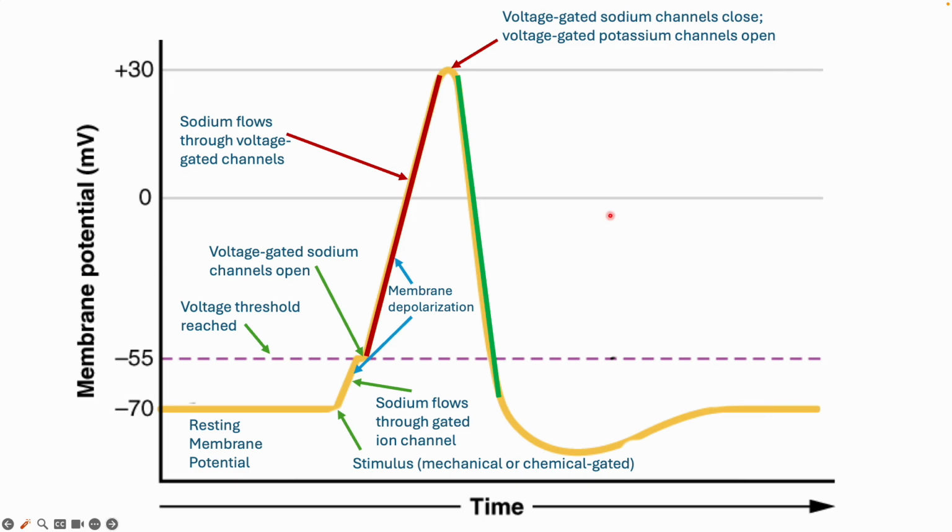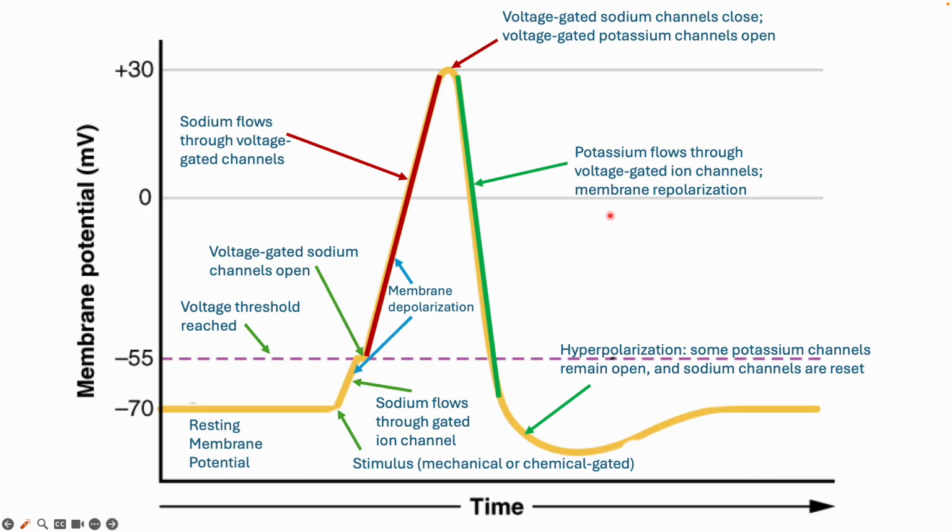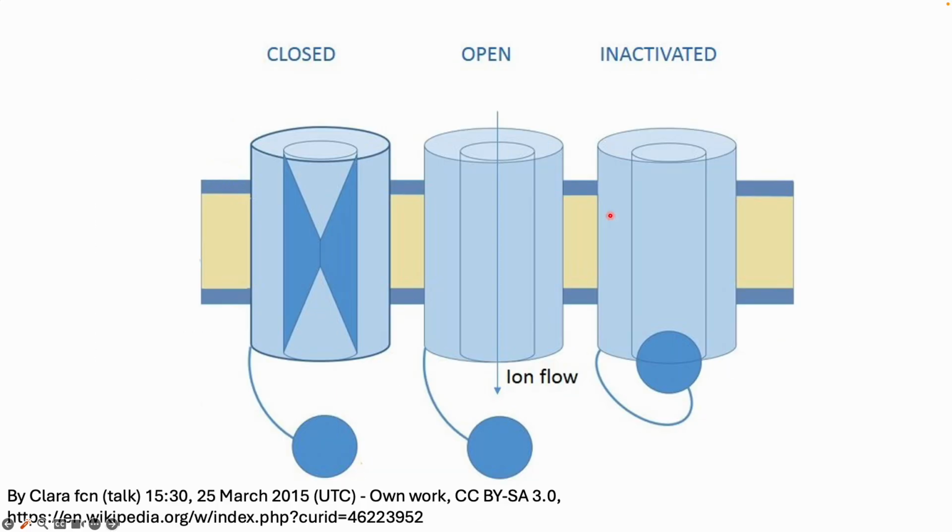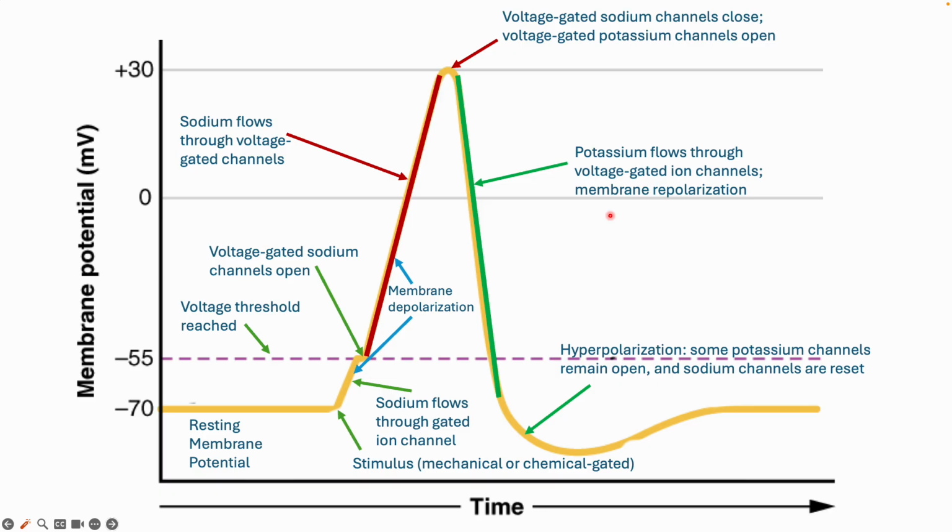This is going to overshoot our negative 70 millivolts, and so you have what is known as hyperpolarization. This happens because some of the potassium channels remain open while the sodium channels are reset, and then eventually this is going to equalize and you'll get back to your normal resting potential.